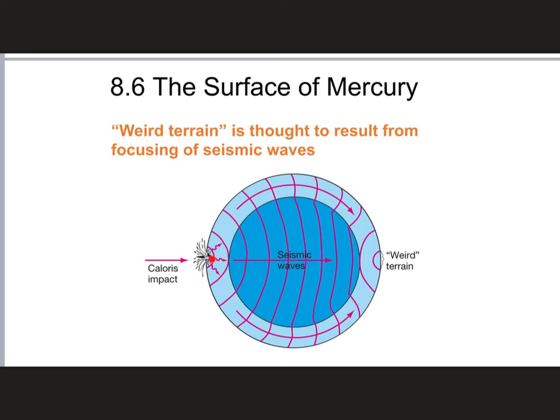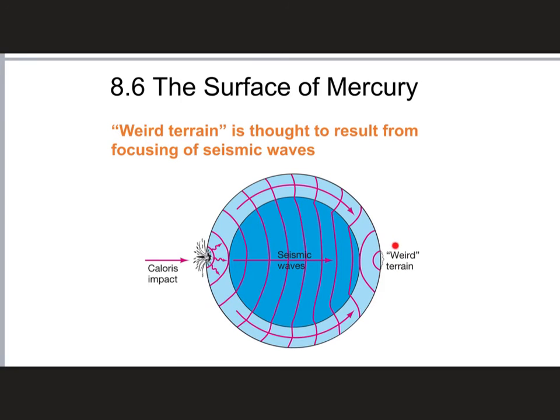So here's what happened, and we don't know exactly when this happened, but there was this large object that struck the surface of Mercury, and this is called the Caloris impact, and this is where the Caloris Basin would happen. And this impact was so large, it sent shock waves through the planet. Some of the shock waves went straight through, some of them traveled along the surface. So you can imagine the waves traveling along this surface and the waves traveling along the opposite surface. They would come together on the opposite side of the planet and release energy there.